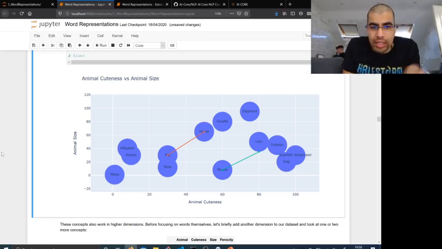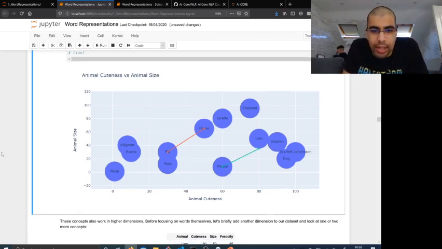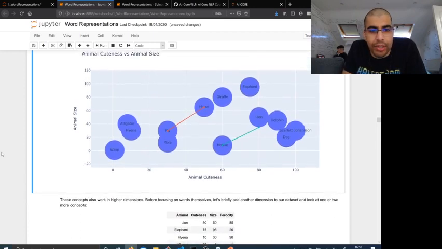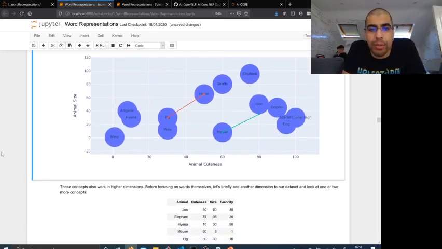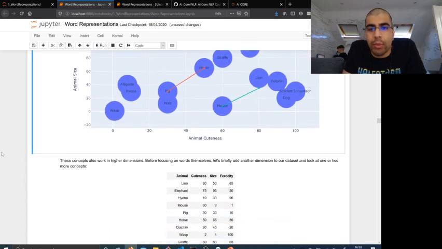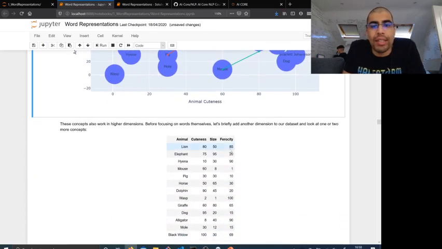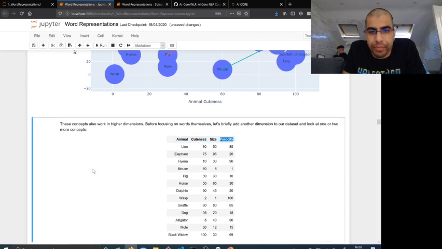Now, this concept of distance and analogical reasoning can also be extended to higher dimensions. So again, before we focus on words, let's just add another dimension to our dataset and see what it looks like. Here we're now adding the ferocity of the animal as well.